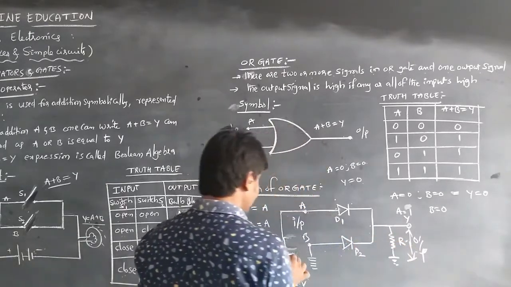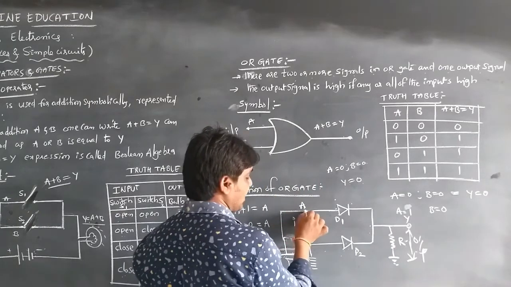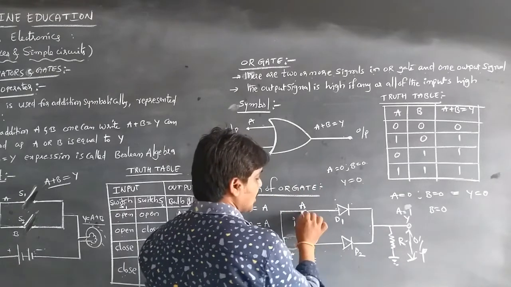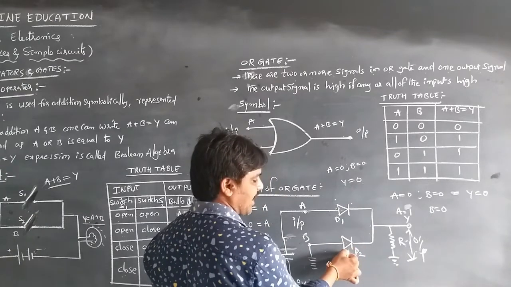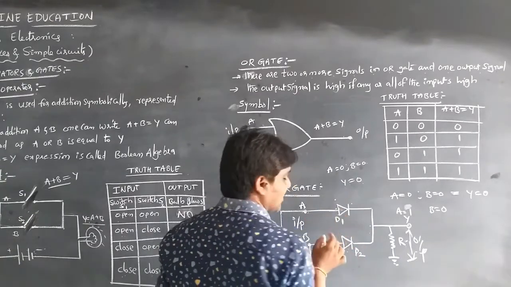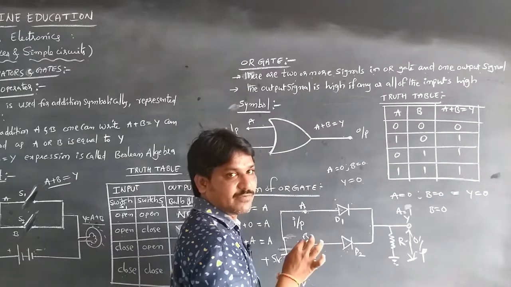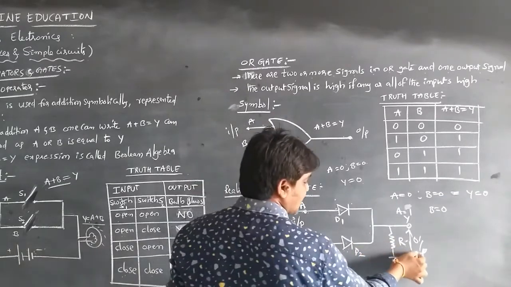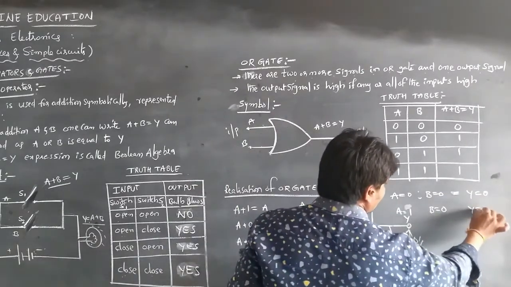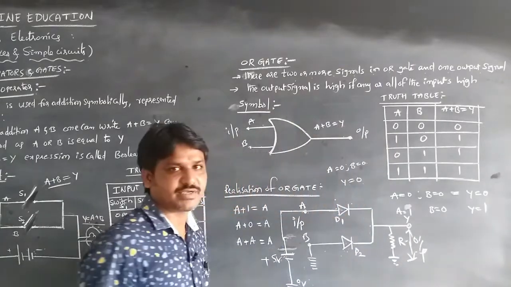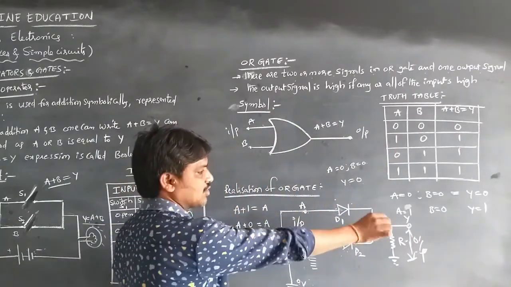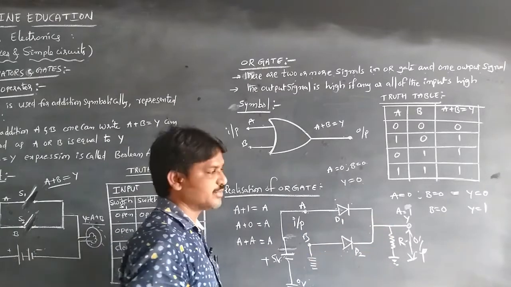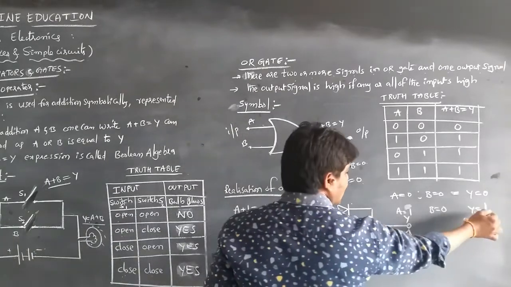That is, whenever the 5 volts is connected to input A and B is 0, diode 1 is forward biased and diode 2 is reverse biased. So the current flows through D1, and we get the output voltage. That's why Y is equal to 1. According to Boolean algebra, the result is Y is equal to 1.